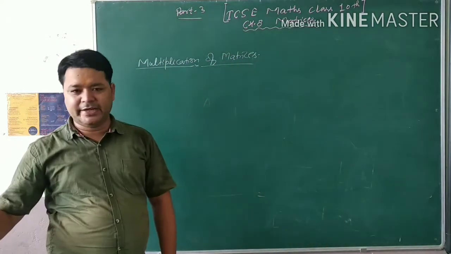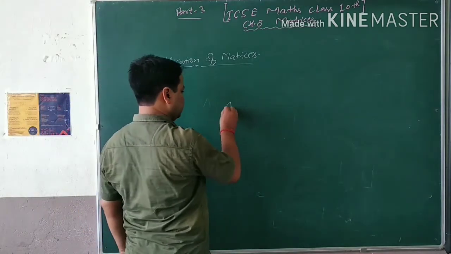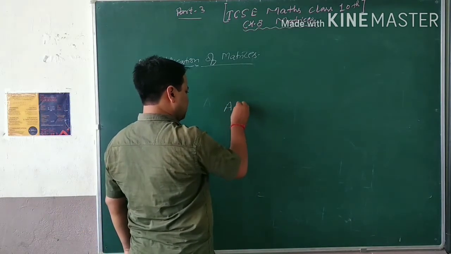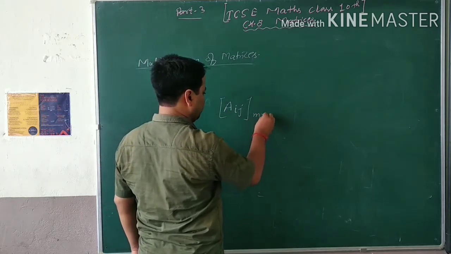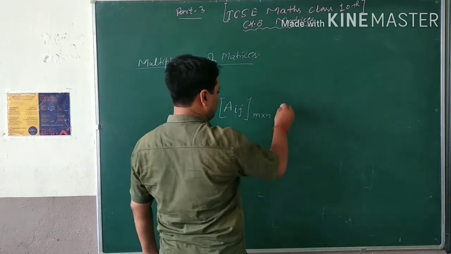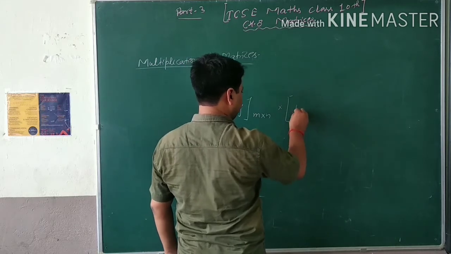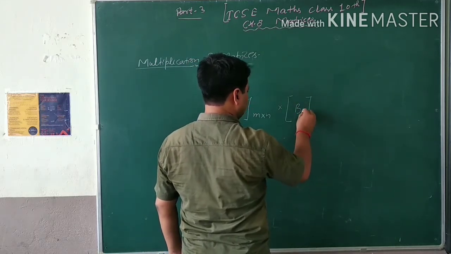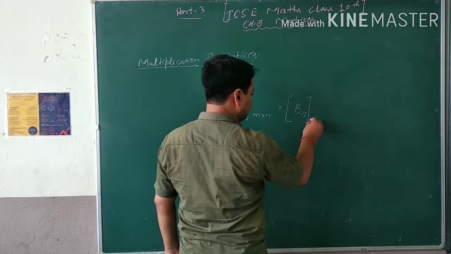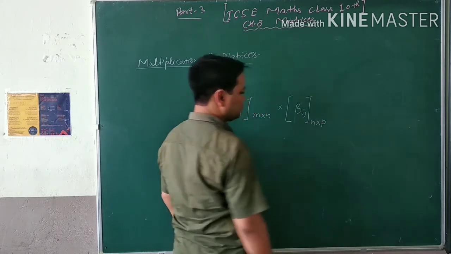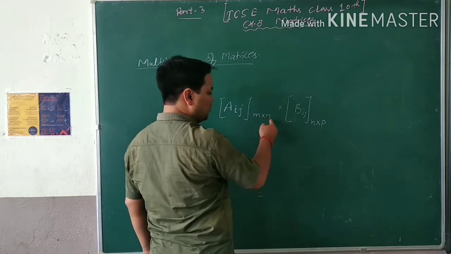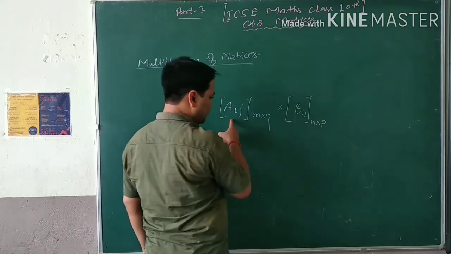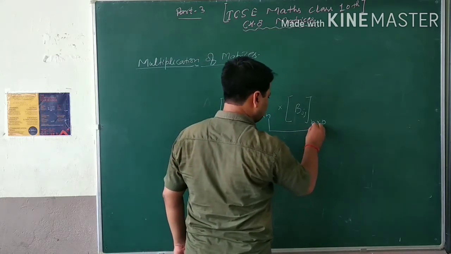If we have a matrix A_ij of order m by n multiplied by a matrix B of order n by p. Why? Because the columns of the first matrix should be equal to the rows of the second matrix.